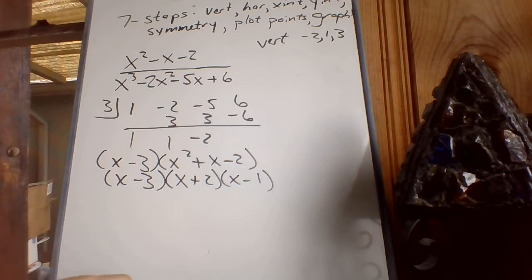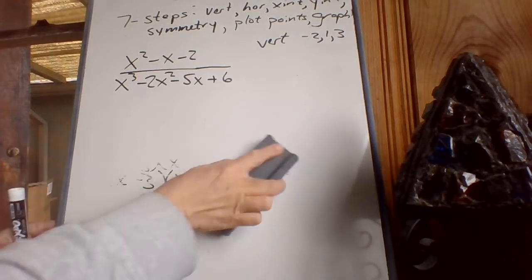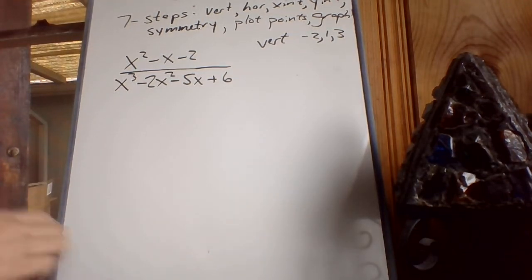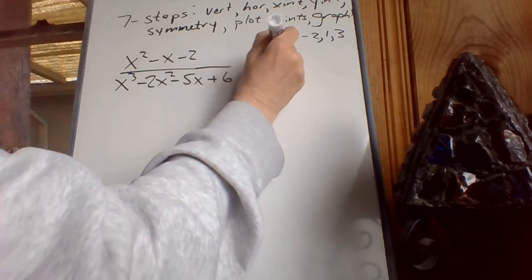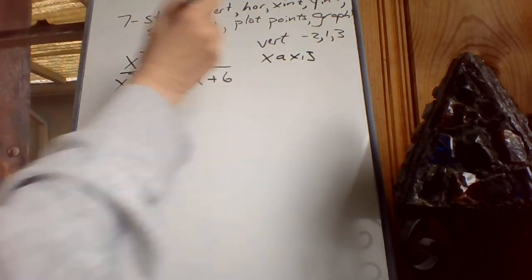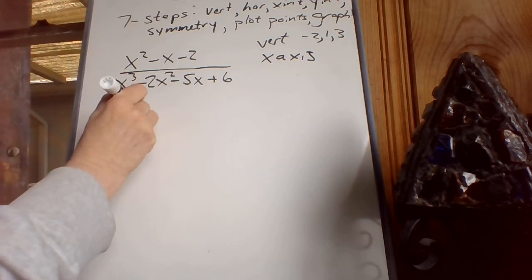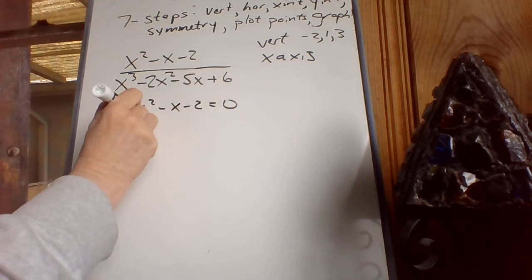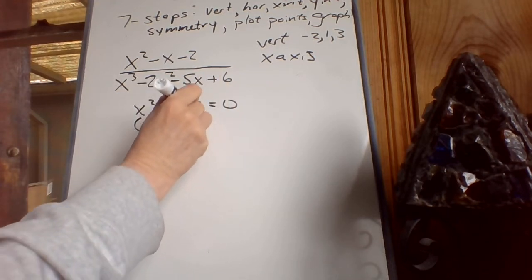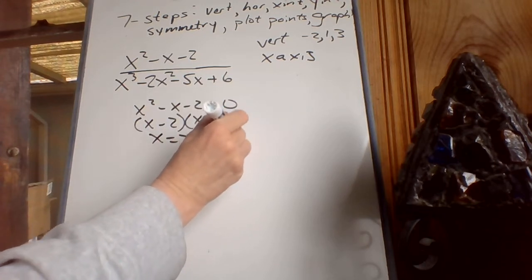Okay, you set the denominator equal to 0. Now you do the power thing. All right, the power on the bottom is higher, so that would be x-axis. Okay, and then you set the numerator equal to 0. Okay, so x equals 2 or x equals -1.